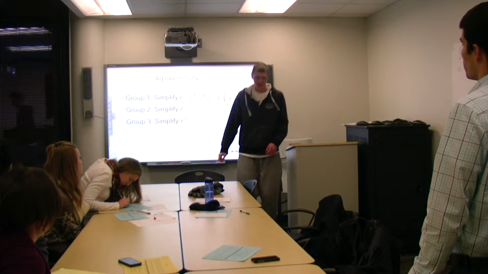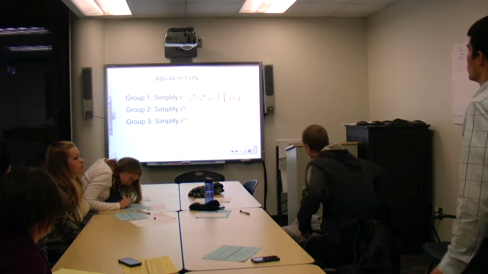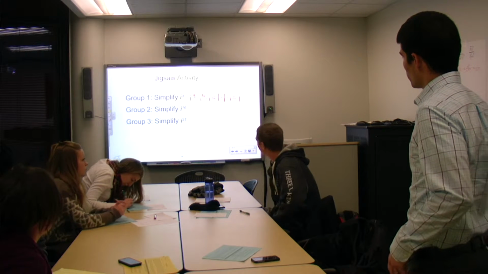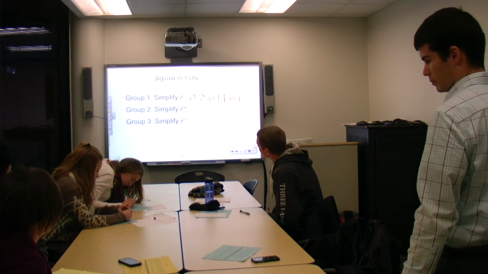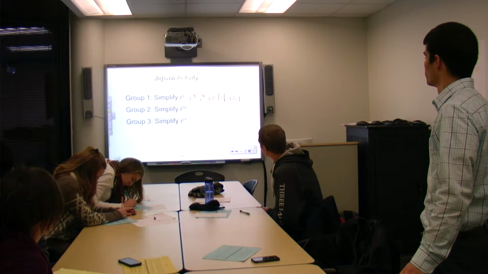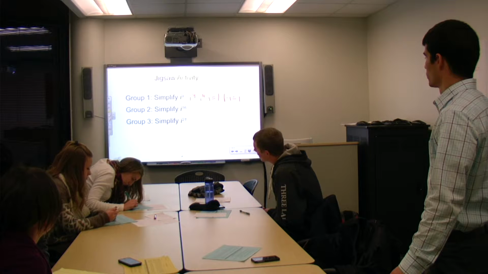Alright, can you explain that for us, please? Yeah, alright, so I broke it up into 3 different terms, and I wrote i to the fourth, and I multiplied them all together, because if you add all those exponents up, you get 9. So i to the 4th is 1, i to the 4th again is 1, and then i. So you have 1 times 1 times i and get i.